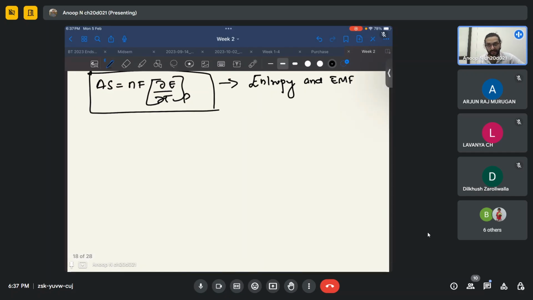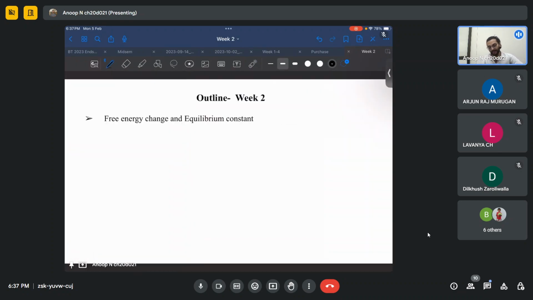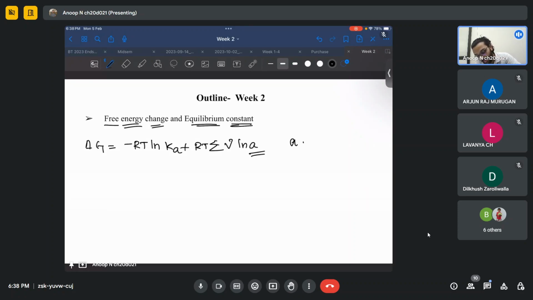Now, any doubts? Now we will see the relationship between free energy change and the equilibrium constant. From the reaction isotherm we have the relation ΔG is equal to minus RT ln Ka plus RT Σν ln a, where a is the activity. At standard conditions the activity can be approximated to 1.